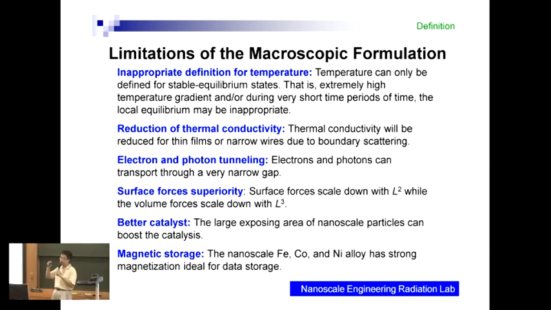When you are cheering and you are so excited, you just jump up and then sit down, jump up and sit down. The more excited, the more those molecules jump up and down. But down to the nanoscale, you don't have enough molecules to dance. So what do you measure? You measure nothing. Either you touch one molecule or you touch nothing. So the temperature cannot be defined at the nanoscale.